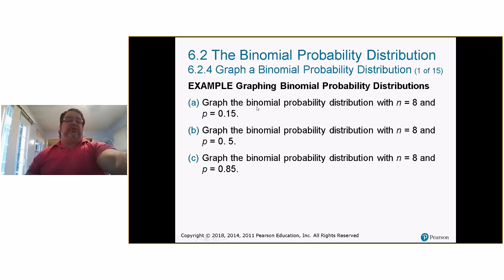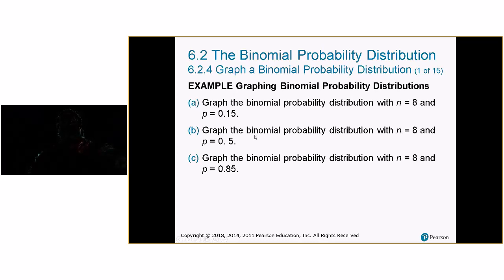Now it says graph the binomial probability distribution with n equal to 8 and p equal to 0.15. Graph the binomial probability distribution with n equal to 8 and p equal to 0.5. And graph the binomial probability distribution with n equal to 8 and p equal to 0.85. I don't know why they want you to graph it, but you take 8 times 0.15, 8 times 0.5, and 8 times 0.85.